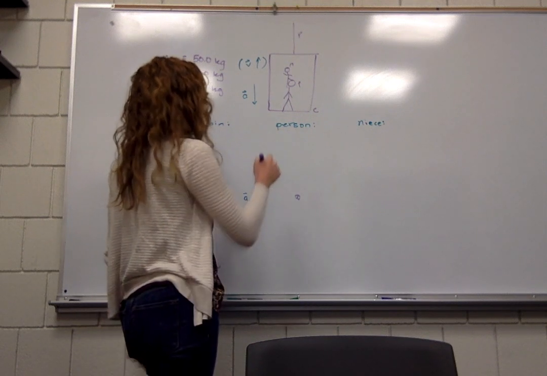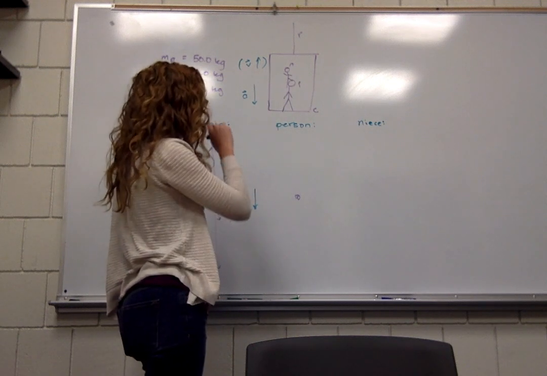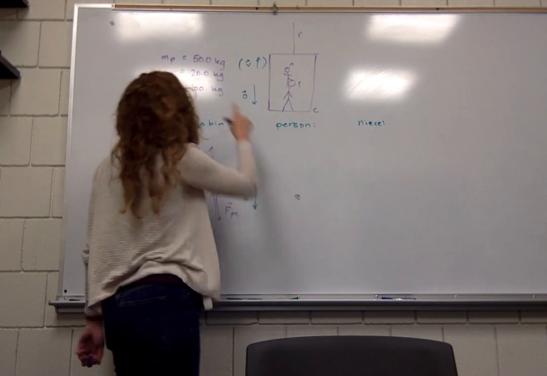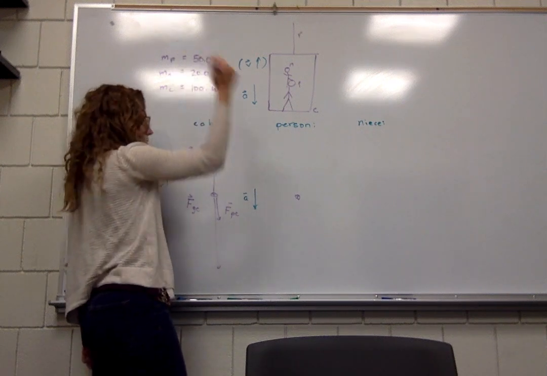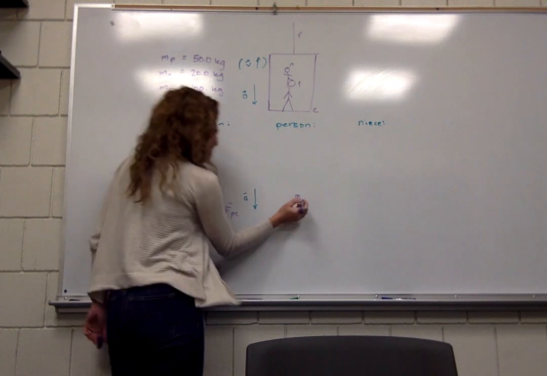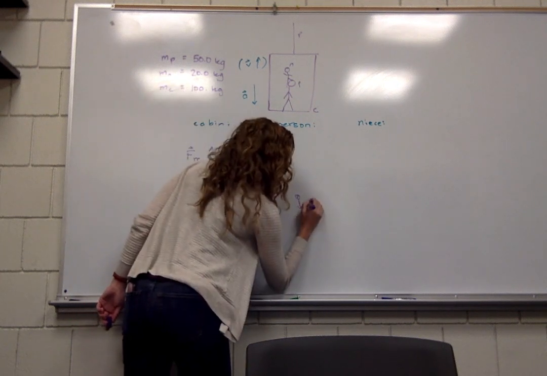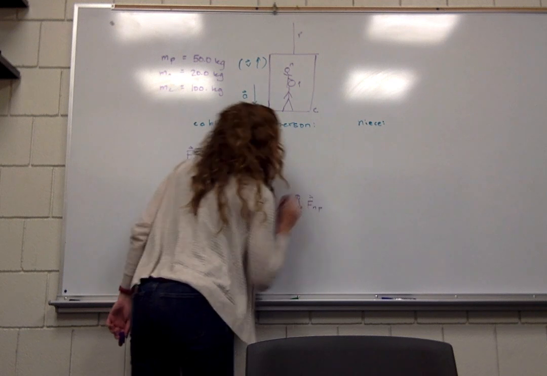So what direction is the niece pushing on the person? Down. I would agree. Now the niece isn't heavy in comparison to these other things, so that's the smallest one. I'm going to make it really small. So the force of the niece on the person is down.